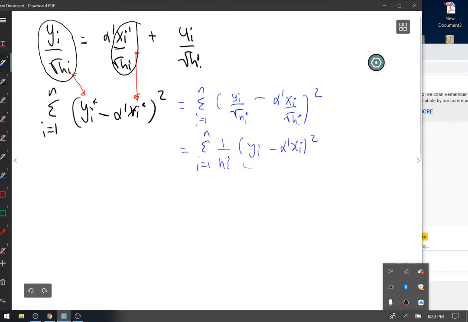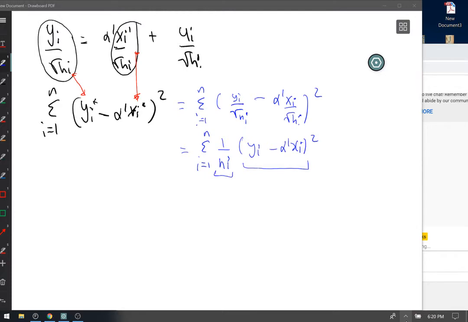This is the original residual squared. Now we've attached these weights, so we can see it's equivalent. Dividing both sides of the equation by the square root of hi is the same as reweighting, giving the weight moving proportionally to something that goes with the variance of the ui.